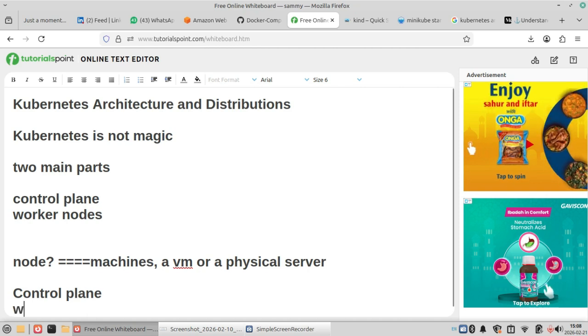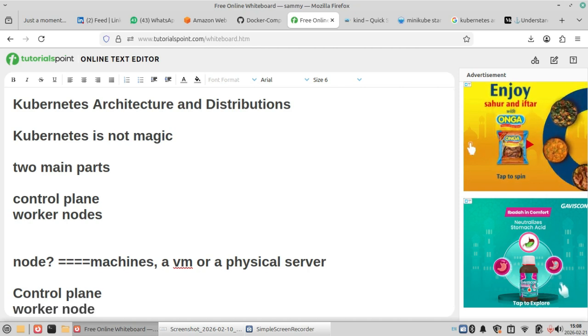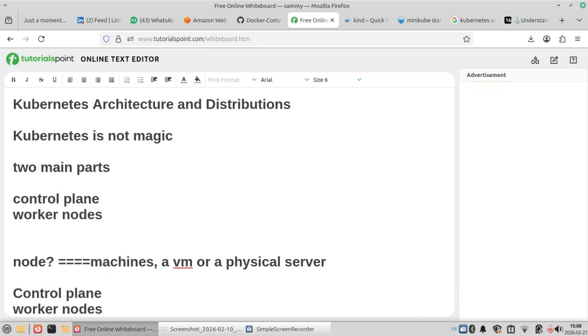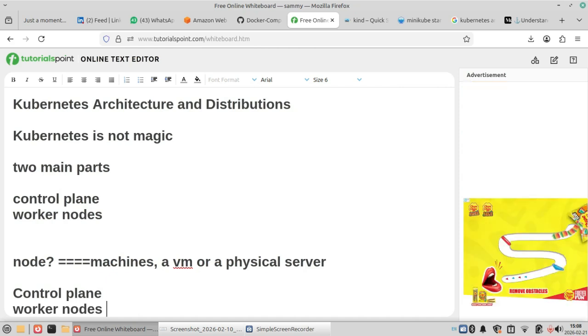Now, what is the worker node? Worker nodes are where your applications actually run. Your containers run on the worker nodes. Your pods run on the worker nodes. Your back-end application, front-end, background jobs, workers, all of them run on the worker nodes.